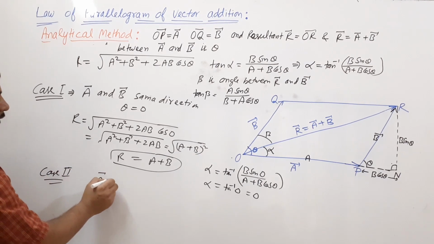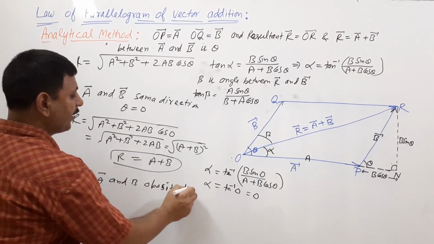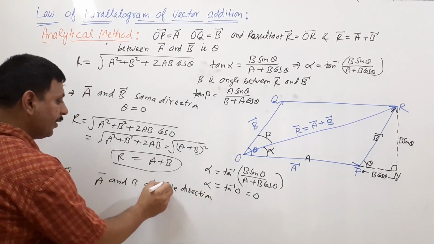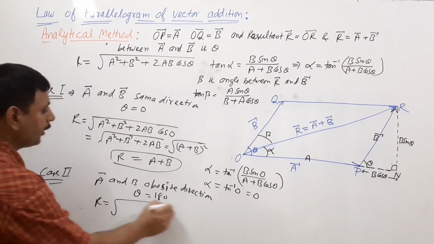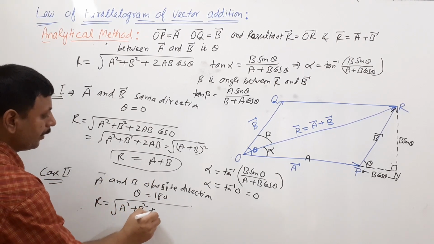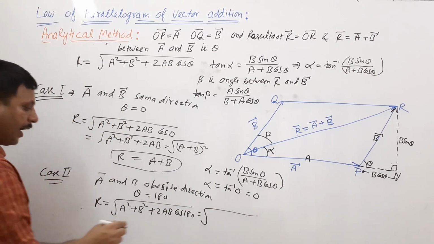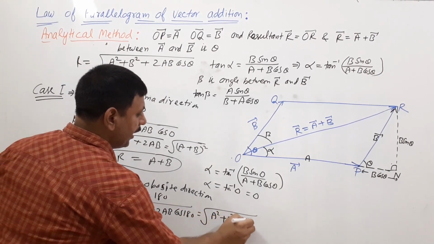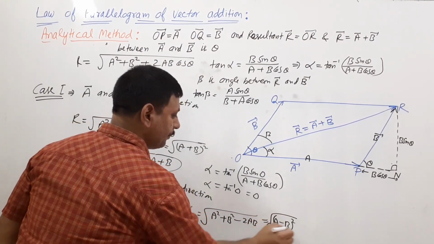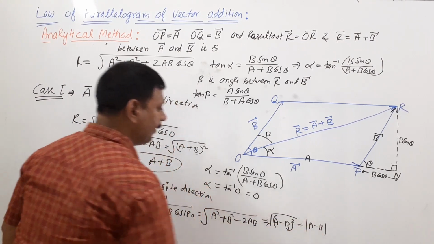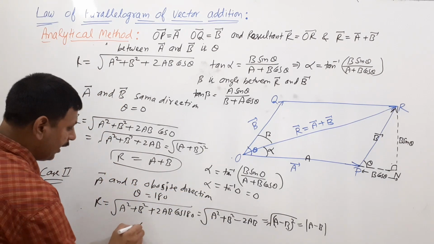Case second, suppose opposite direction. Opposite direction means the angle between A and B will be theta equal to how much, beta? 180. So R is equal to under root A square plus B square plus 2AB cos 180, cos 180 is -1, so minus 2AB, so that will come to A minus B whole square under root, so that is mod of A minus B. So the resultant will be the difference of magnitudes, and for direction, alpha is equal to what?